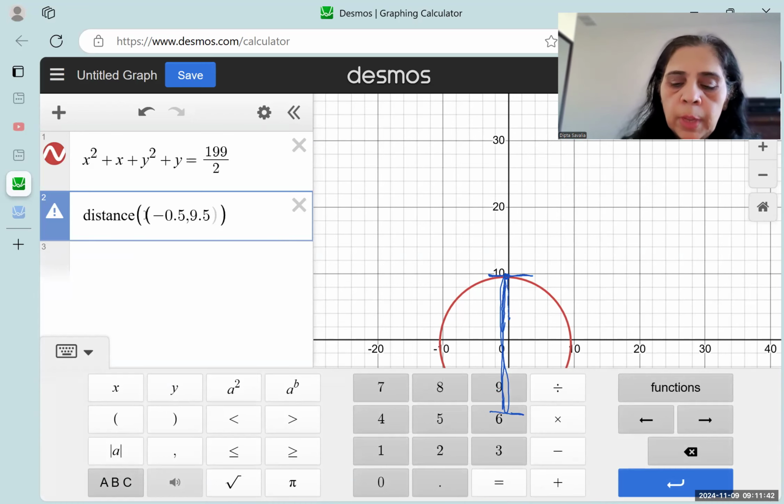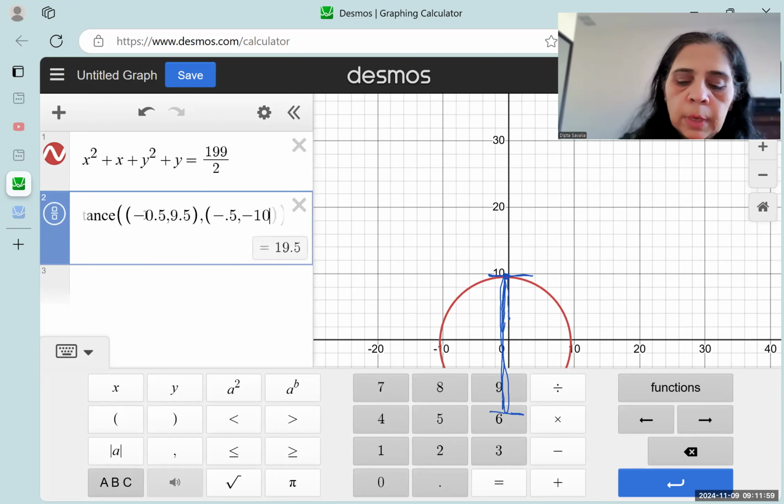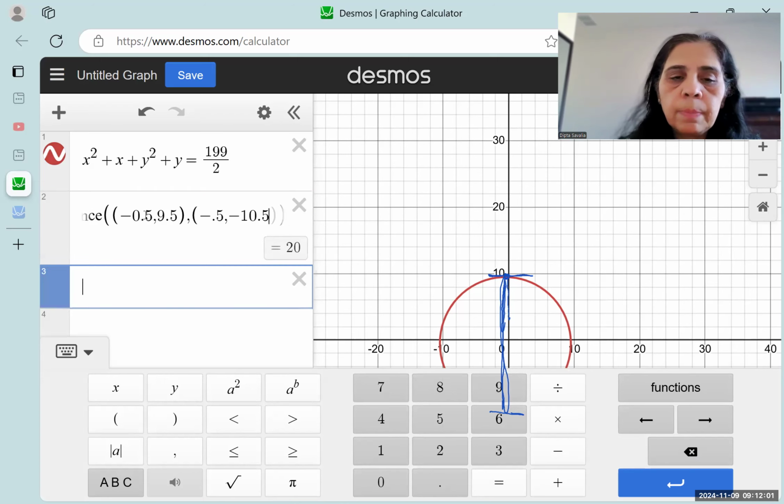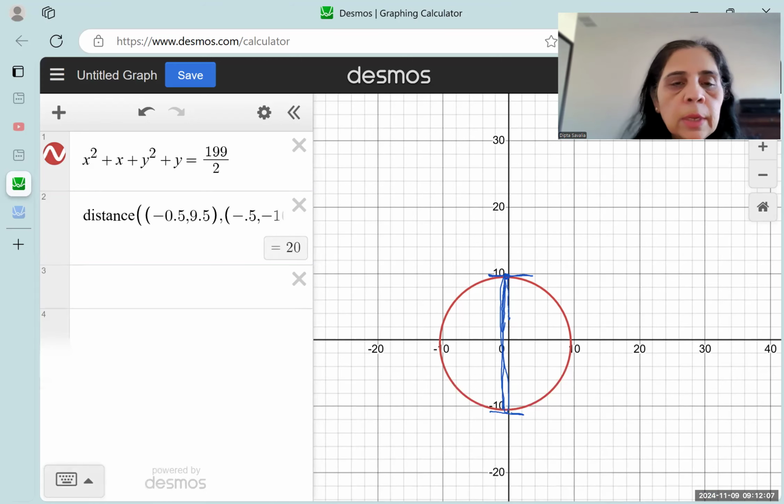And the second point in another ordered pair: negative 0.5, negative 10.5. See, they gave you the distance, 20. Or you can just simply see here.